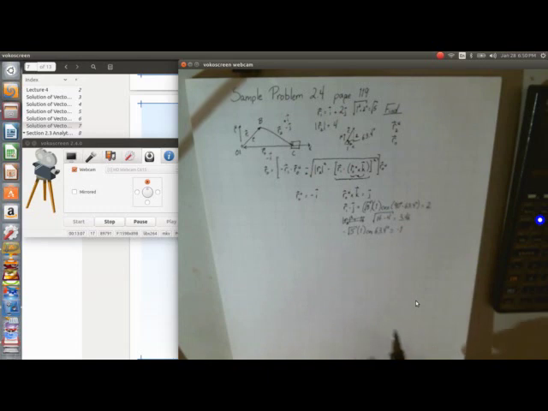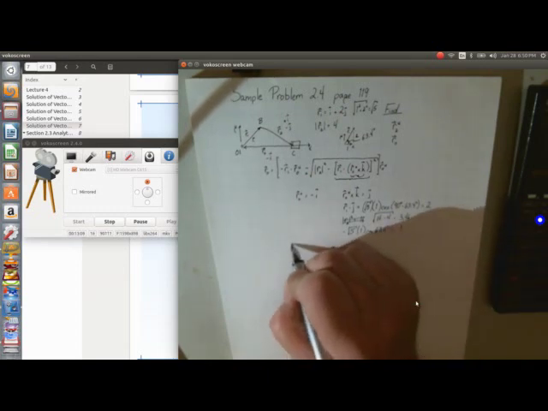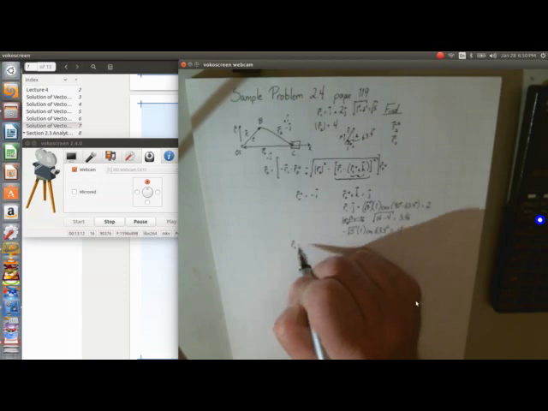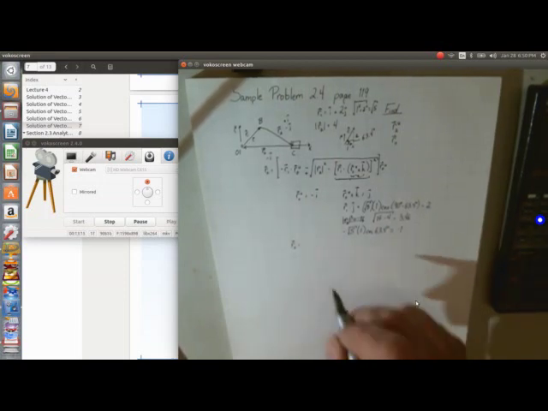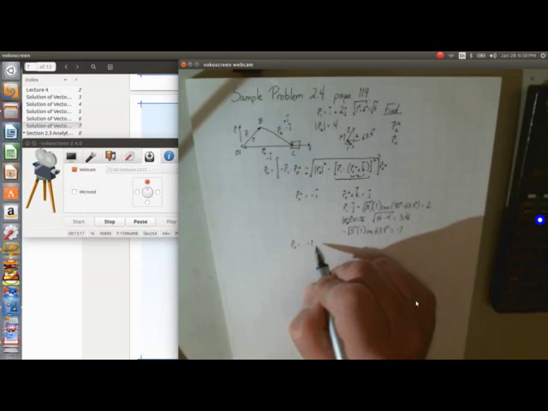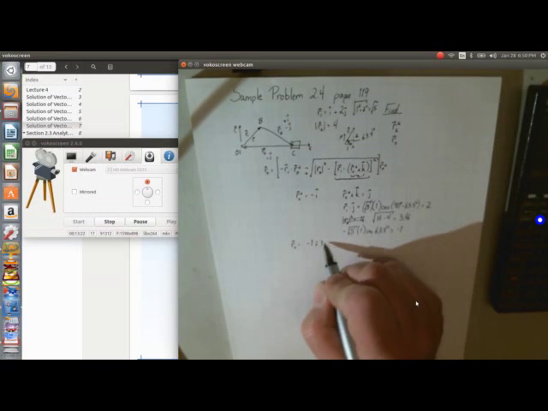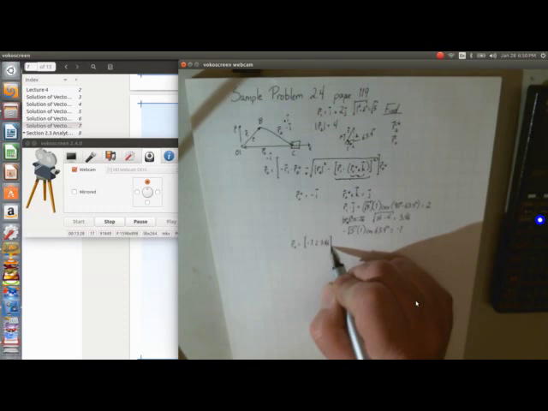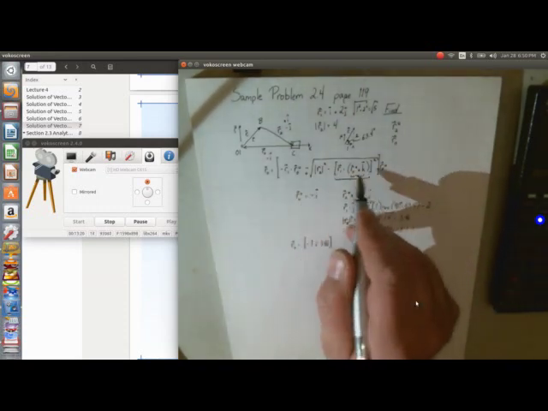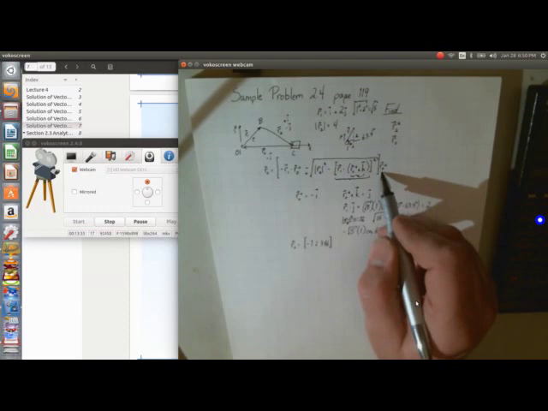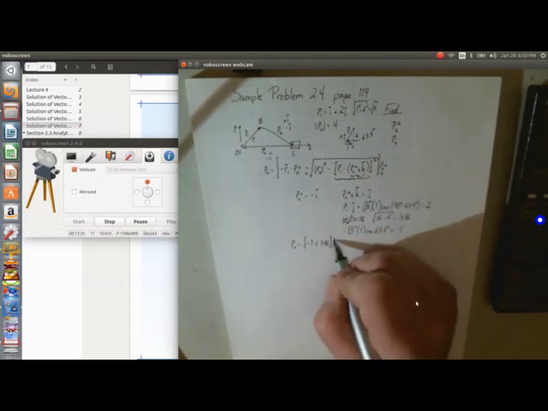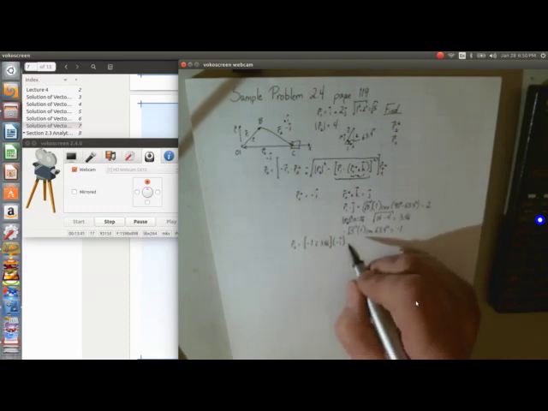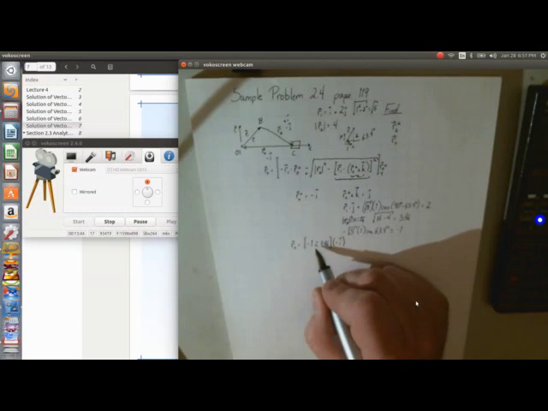I'm going to end up with an equation that says R sub 0 is equal to negative 1 minus or plus 3.46. And this is going to be multiplied by our unit vector for R sub 0, which is negative I. So we are using the lower.